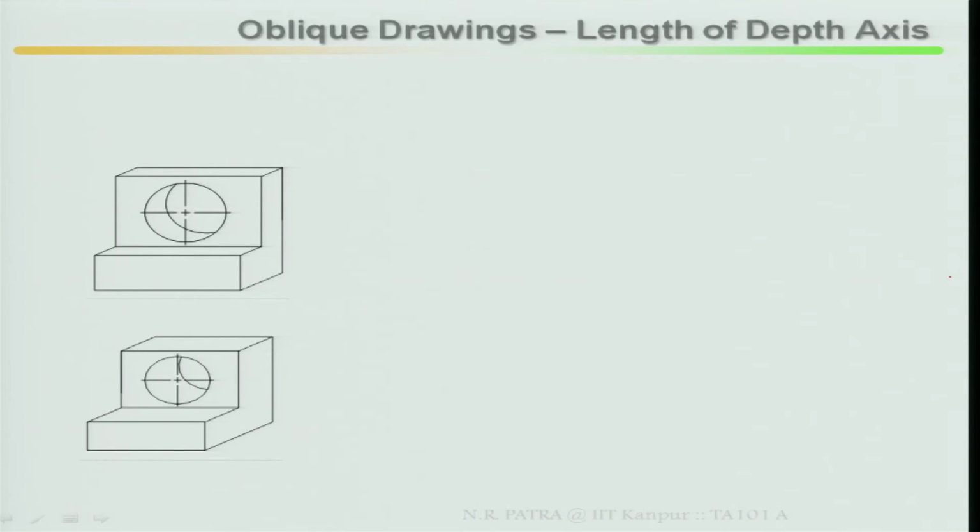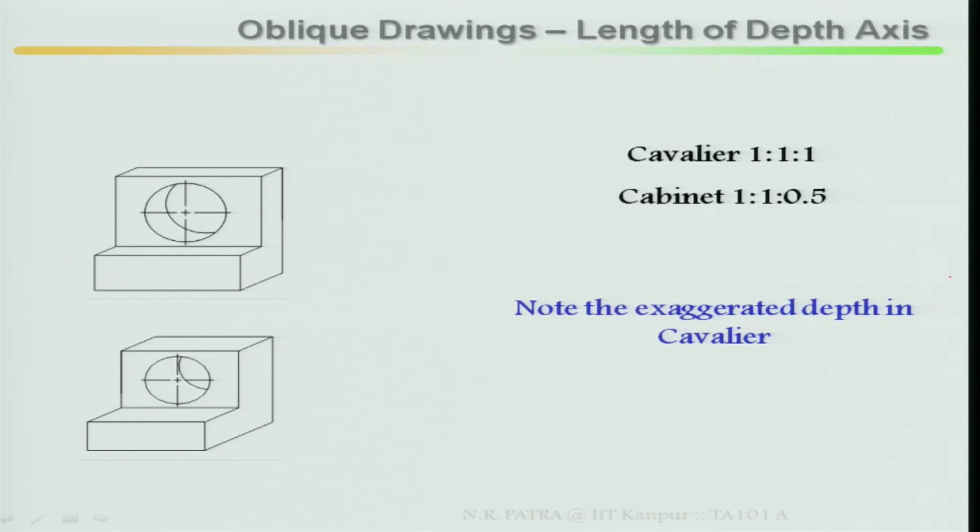Oblique drawings, length of z axis. Cavalier, remember, 1:1:1, that means the same length, the same dimensions; front face is your true shape.